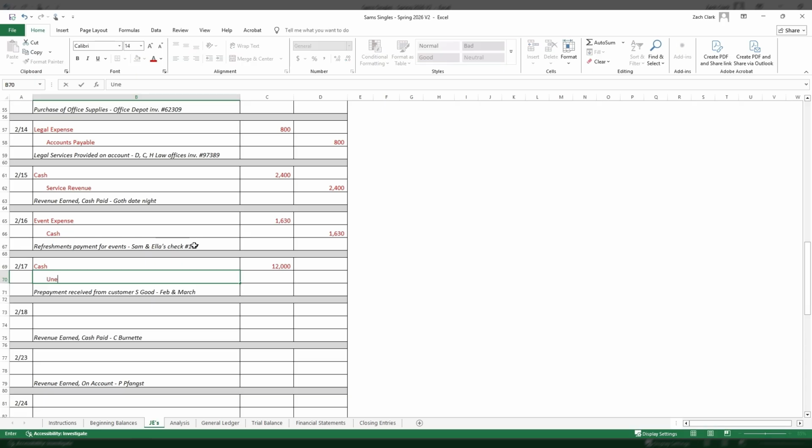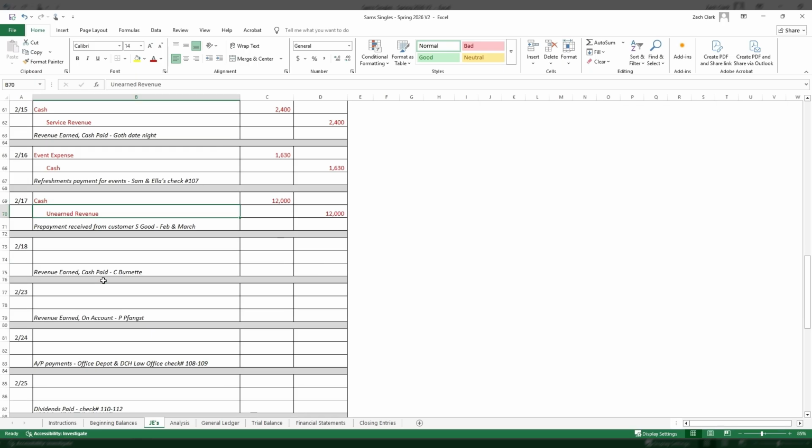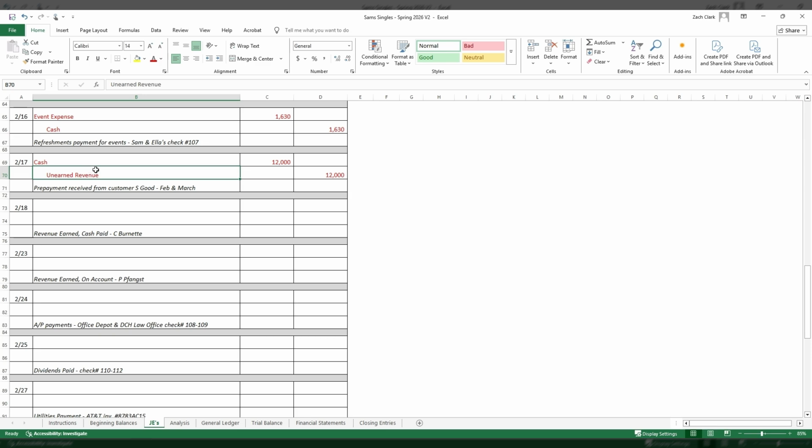And then remember that we have this account called unearned revenue that we use when we receive prepayments. And don't get confused, which is a common thing because the word revenue is in this account's name. It's not yet revenue. It is currently a liability until we earn that revenue. And so again, we'll revisit this later when we look at our adjusting entries.